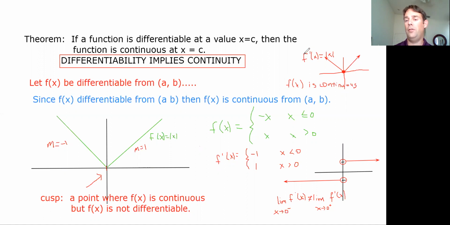If the derivative exists, then it's continuous. But just because it's continuous does not make a derivative exist. Got to know which direction we can go.